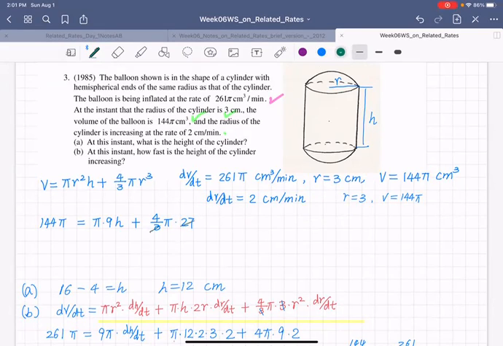That would be 9 left. We can rewrite this as 9 pi h plus 36 pi.